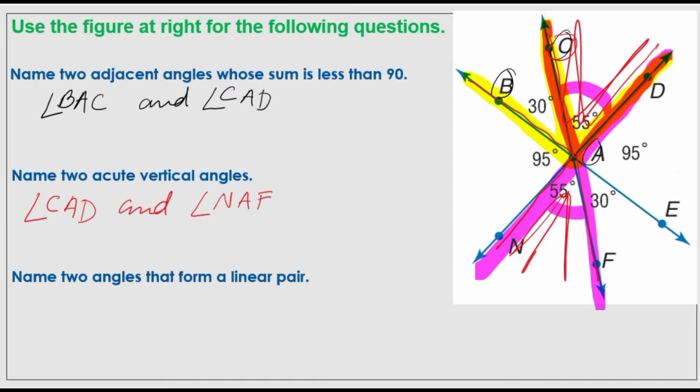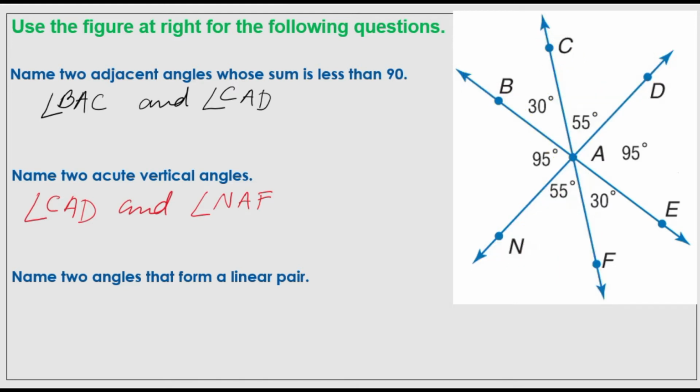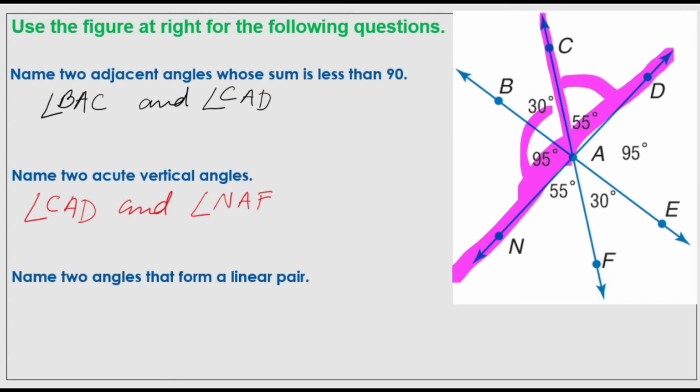Next is name two angles that form a linear pair. For a linear pair, they have to form a straight line, like this straight line. So we find any two angles that form a linear pair. I can choose this ray that forms these two angles. So now we have two angles, one is here, the other one is here.